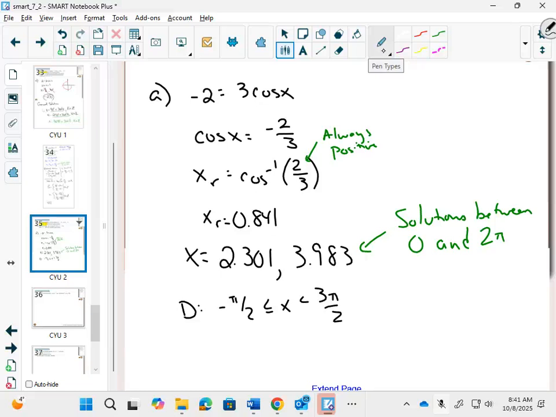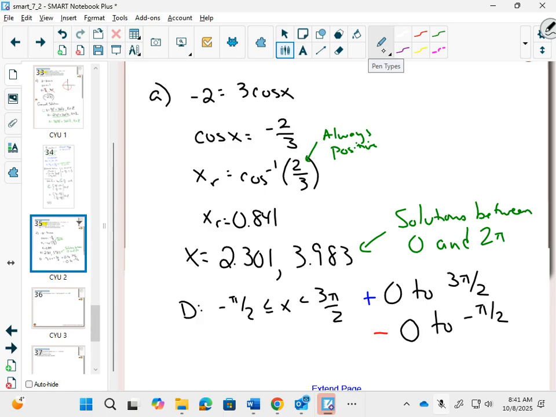So when I have a domain like this, can you see that this includes, in the positive direction, 0 to 3 pi over 2, and in the negative direction, 0 to negative pi over 2.